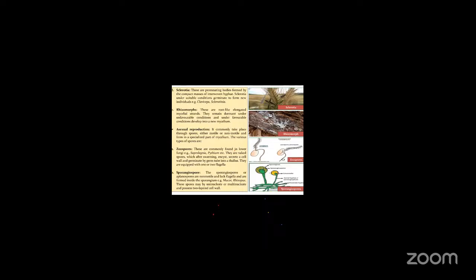Another one is the conidia. They are produced exogenously at branched or unbranched hyphal tips termed conidiophores. The conidia may be formed singly or in chains. The conidial chains may develop in a basipetal or acropetal manner.